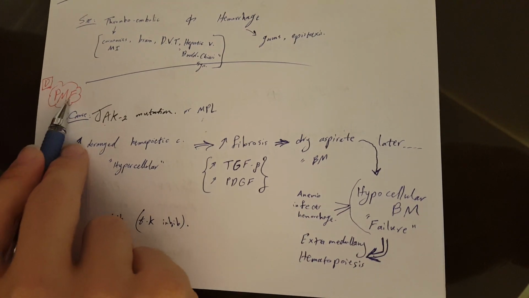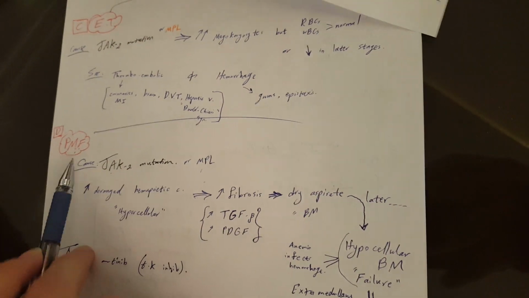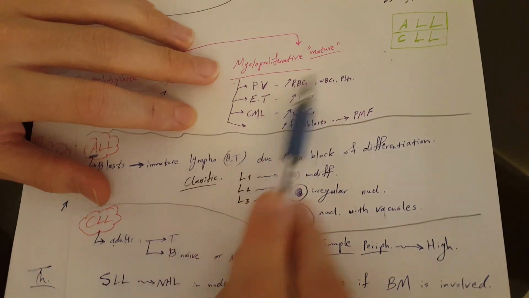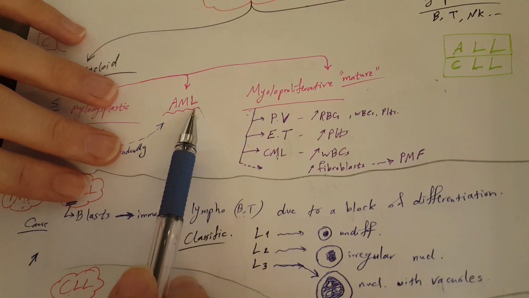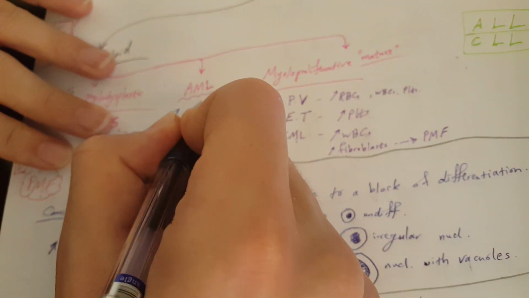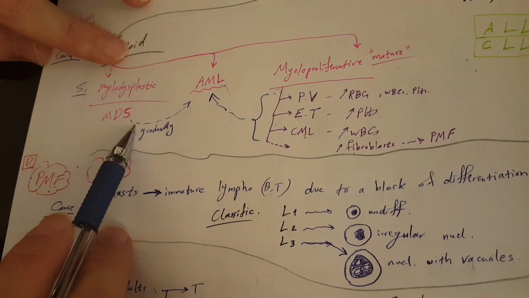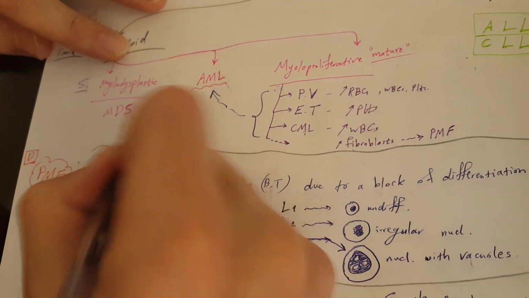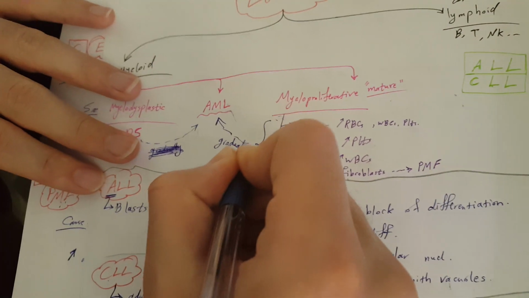I know the name is different, fibrosis, but it's the same thing. Now, the very last thing I want to mention is, we talked about myeloproliferative, okay? And these all can become AML. Oh, sorry, I put it here. So all of these can become AML. Now, myelodysplastic syndrome also can become AML, gradually also. But I wanted to write it here. Sorry, that was a mistake.